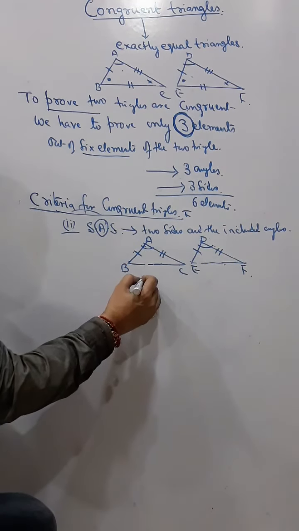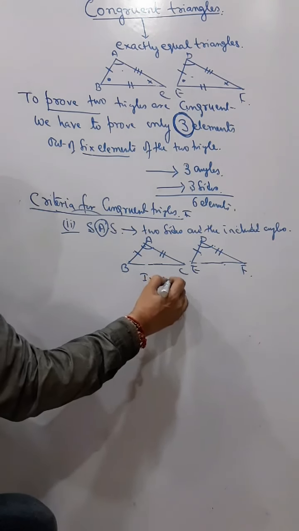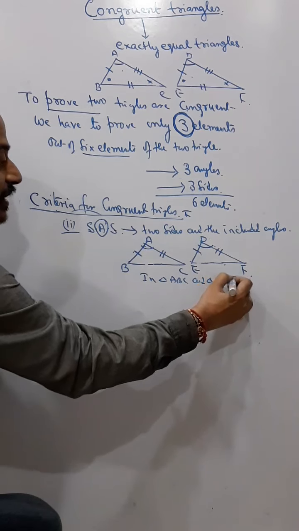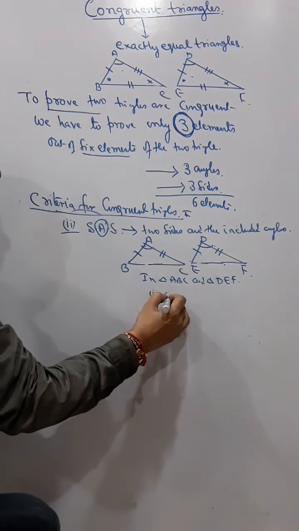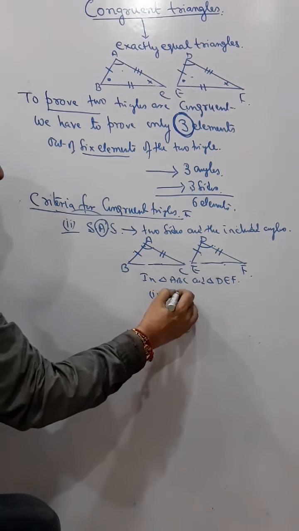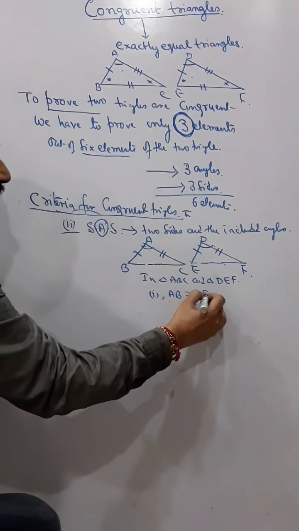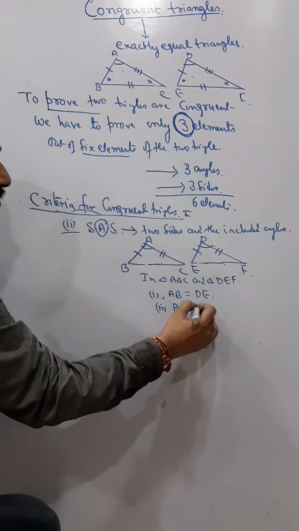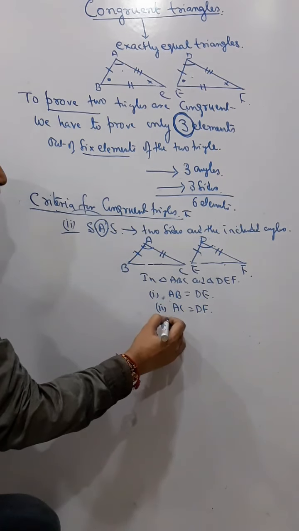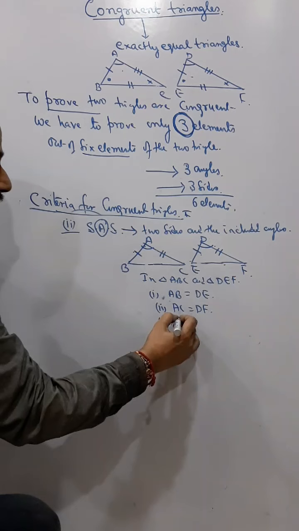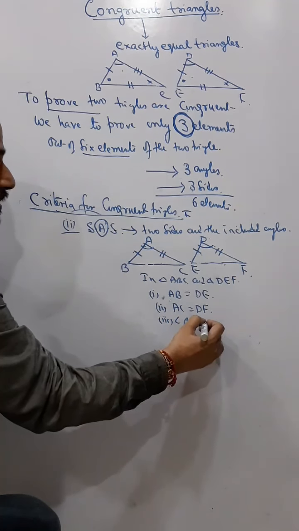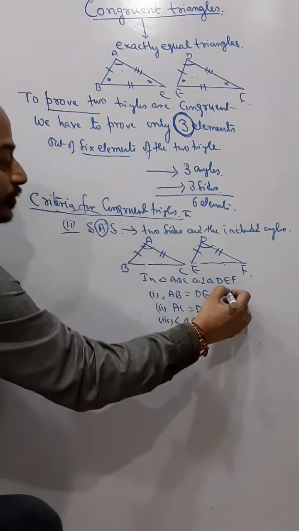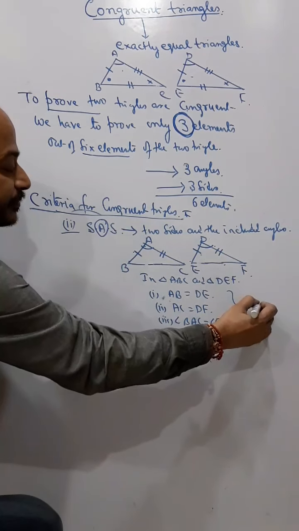In this case also we write like this: in triangle ABC and triangle DEF, AB is equal to DE, AC equals DF, and angle BAC is equal to angle EDF. In all these cases the reasons are given.